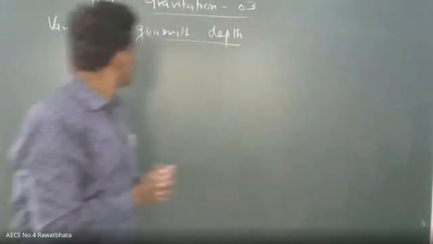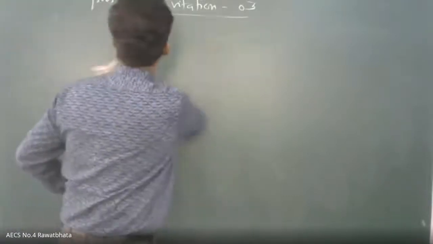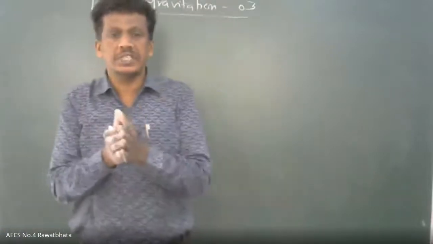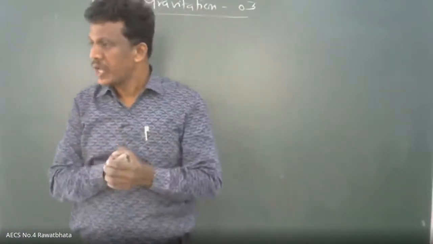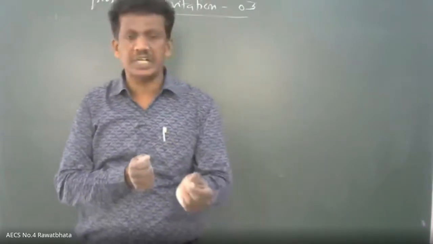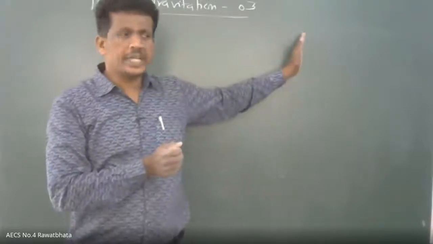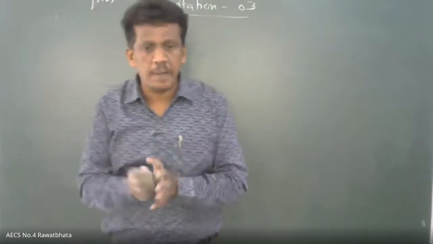Anyway, all the things are over. So far we have done gravitation and gravity, then we got the formula for acceleration due to gravity, and how small g varies with the shape of the earth, height, and depth. Where is the value of small g maximum?